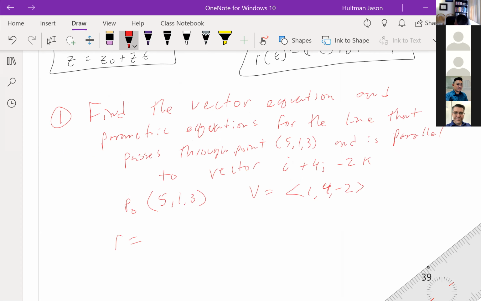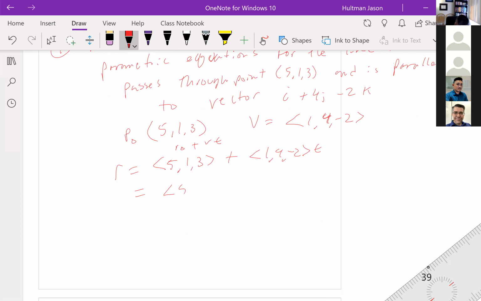So r equals r naught plus vt, which is (5, 1, 3) plus (1, 4, negative 2) times t. Or no, you know what, I need to distribute the t first. My bad.